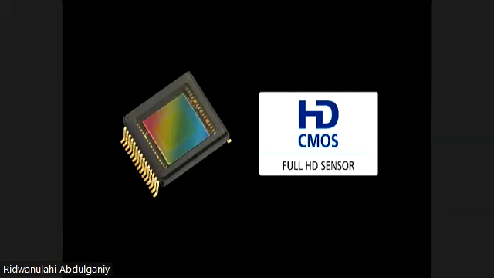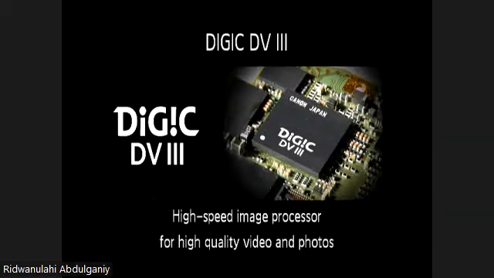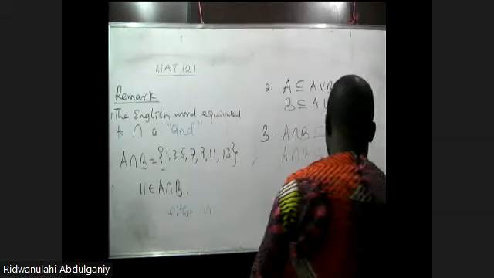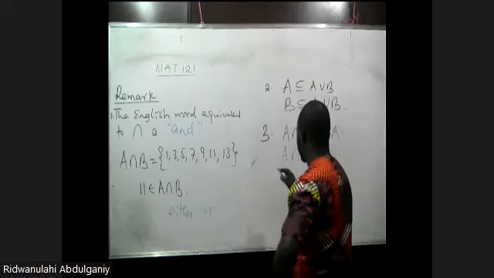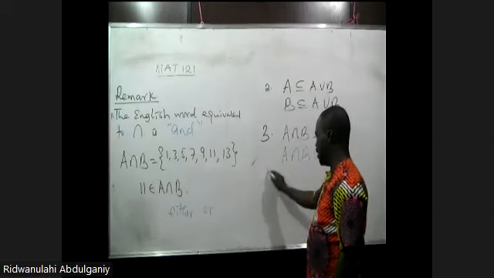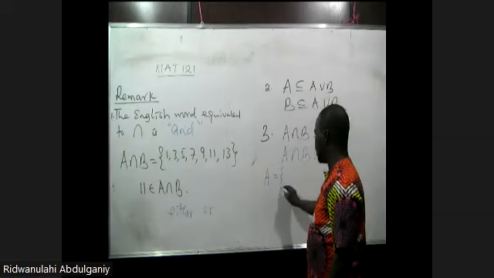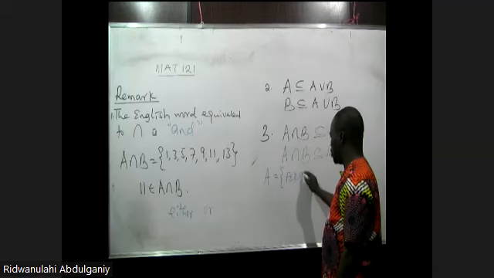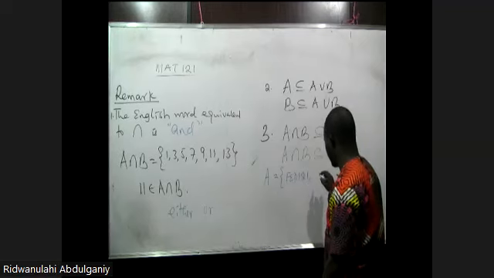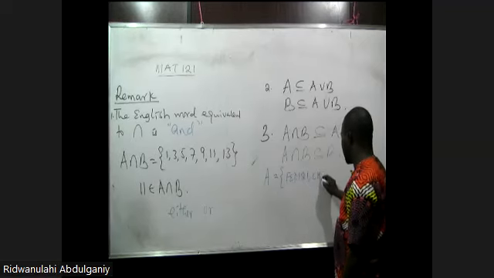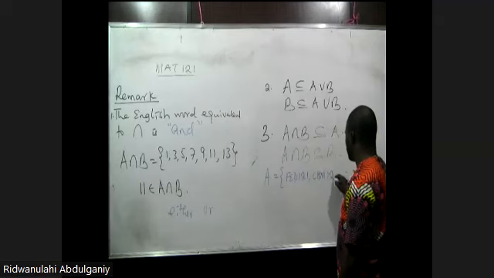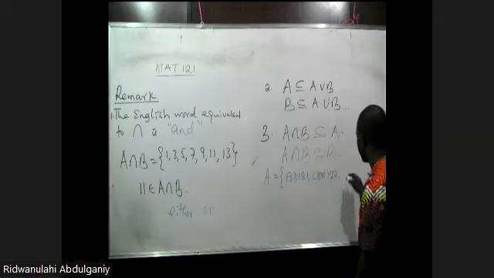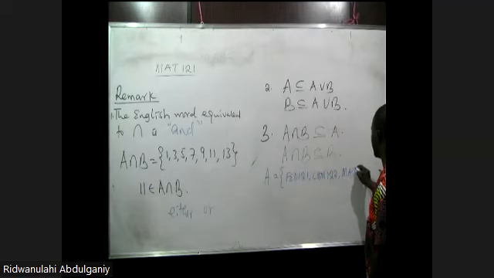Having said that, let me now take an example. Let's say that set A is FED 111, CHM 112, MAT 111, FSC 114.